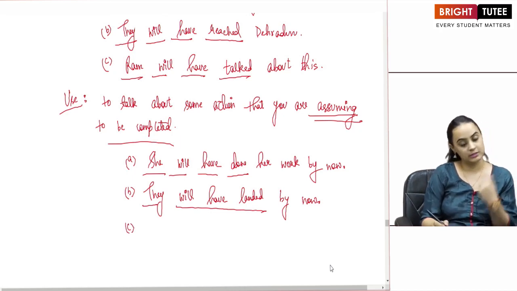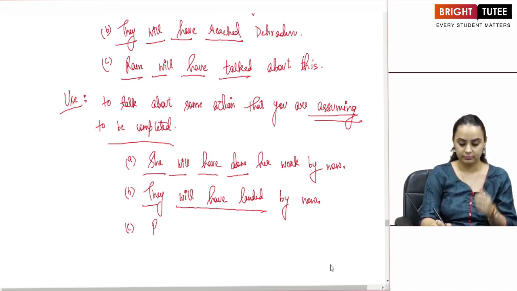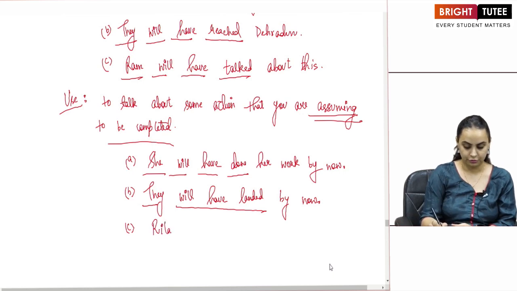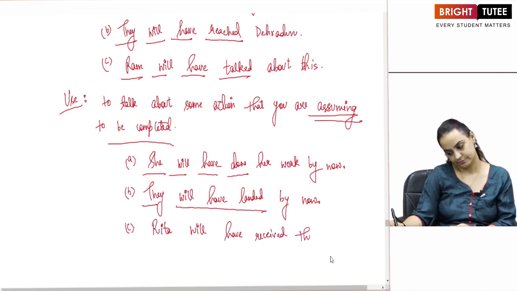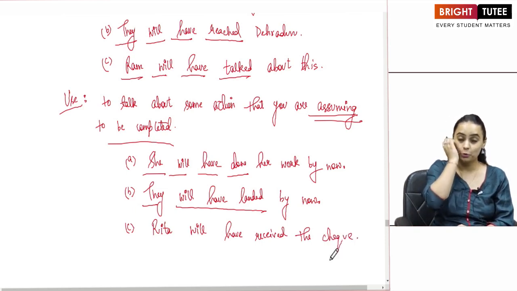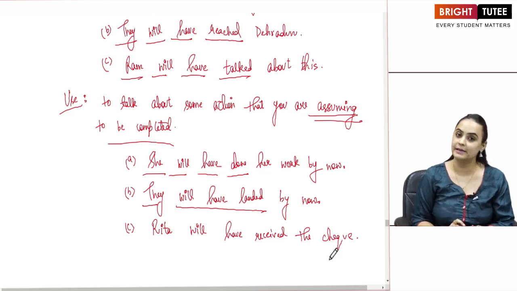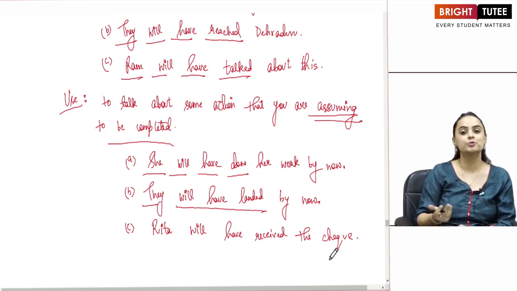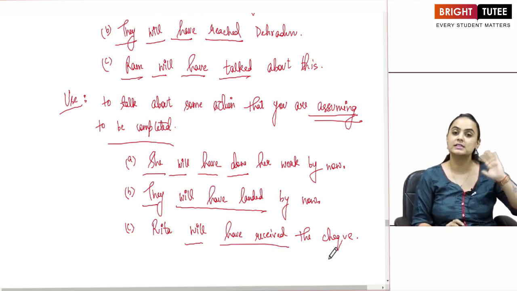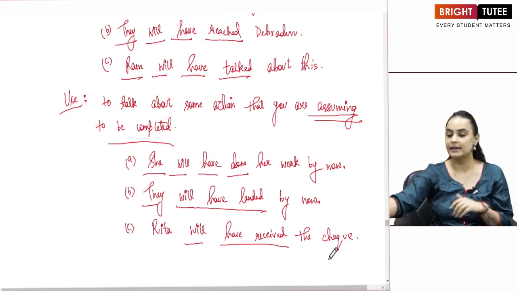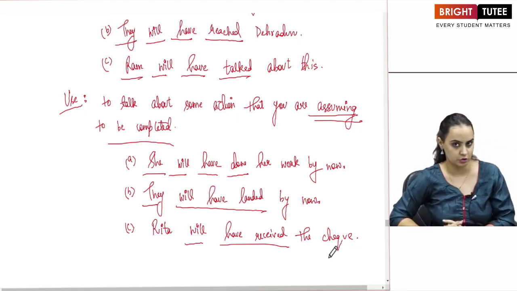If I give you another example, Rita will have received the check. So again, I don't know whether this has taken place or not. I'm just assuming that she will have received the check. So this is just an assumption from my end that by now she will have received the check.